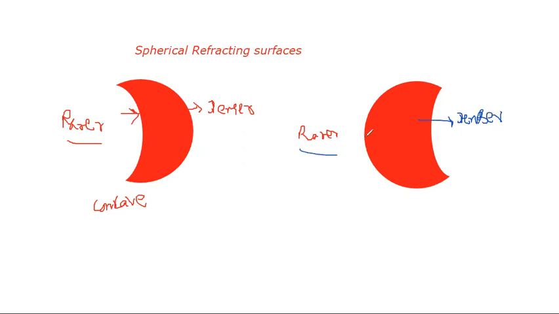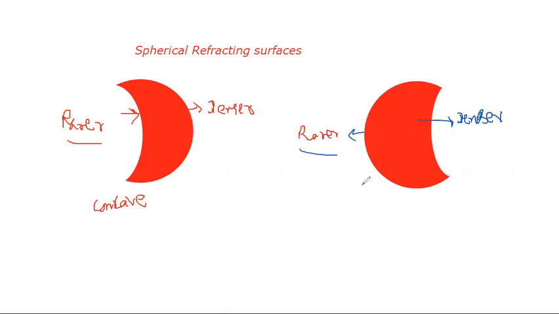So towards the rarer medium, the bulgy part is present. So this is a convex, sorry, not a mirror, convex refracting surface, spherical refracting surface, or better known as a lens.